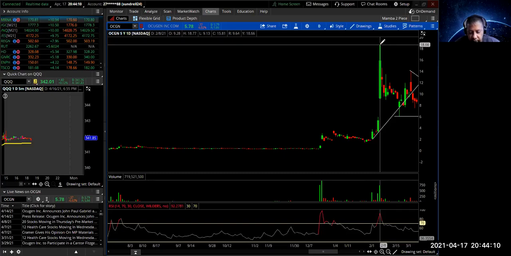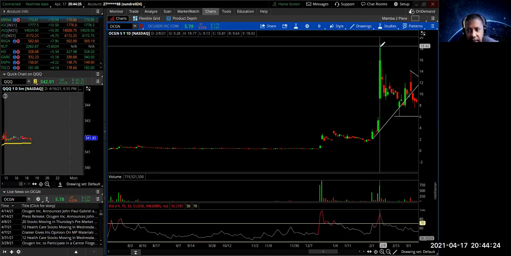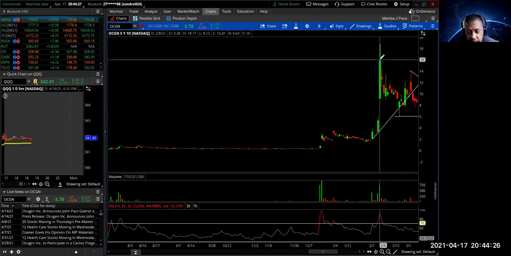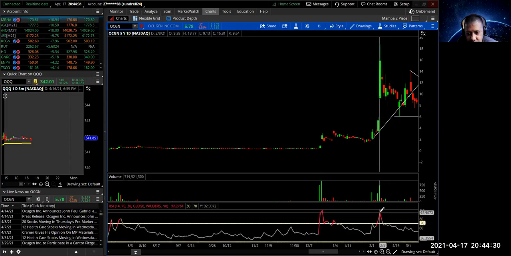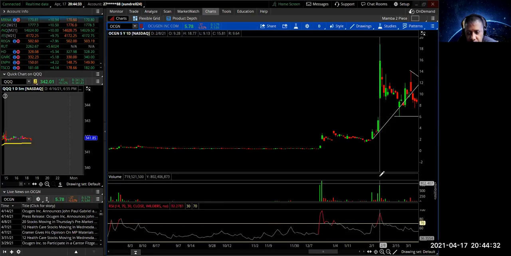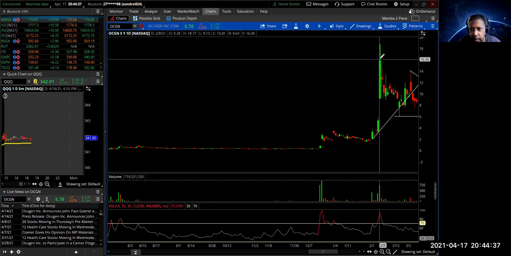But as the day came to an end, in the last 30 minutes, hour of the day or whatever, selling pressure came in and pushed it back down. You've got to take profit. You look at the RSI, it was acutely up, big volume.